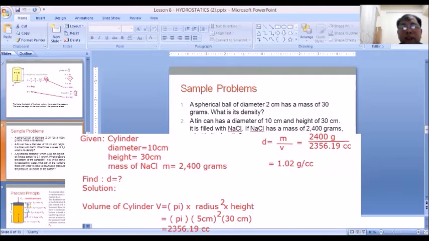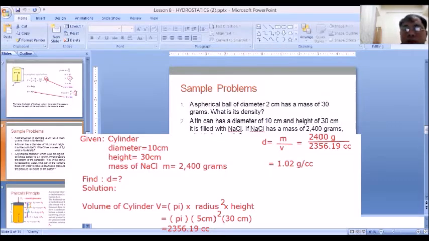So basically this is the density of sodium chloride. I think this is seawater. The NaCl that is probably referred to here is the NaCl solution. You notice that if you are in seawater, seawater is quite heavier compared to fresh water.